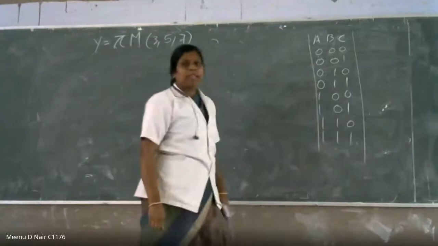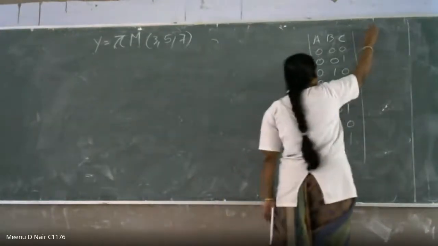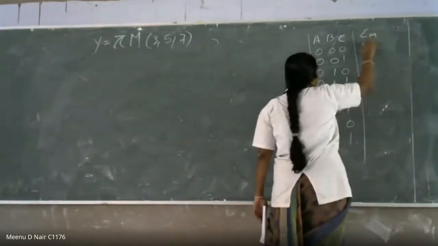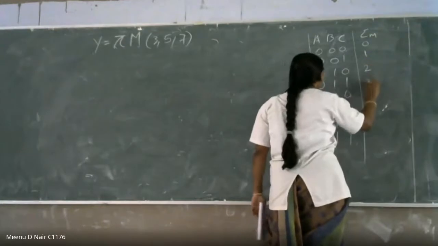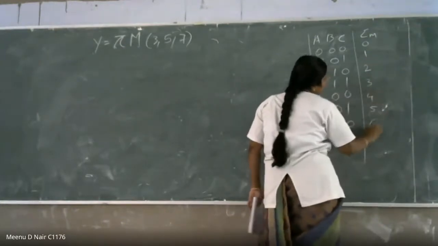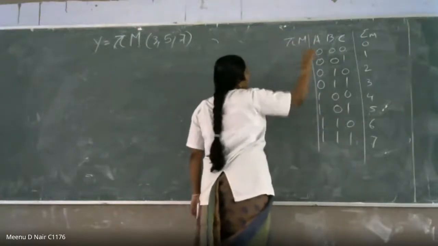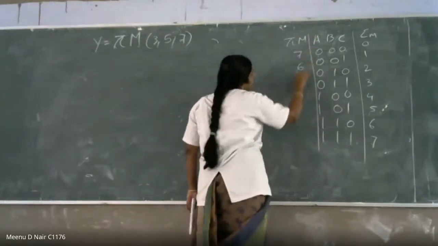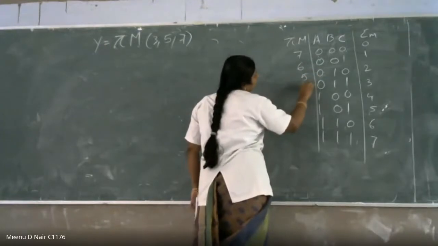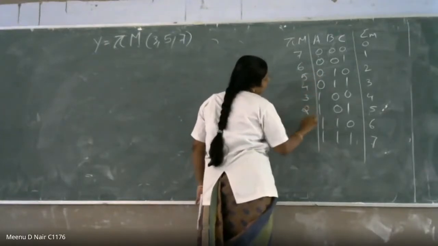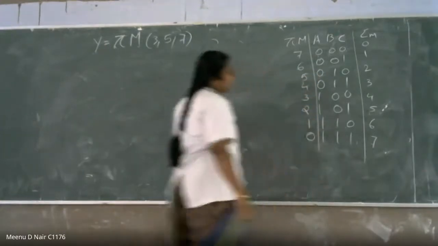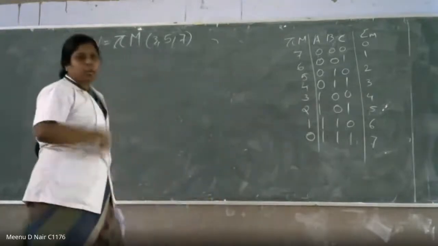If it is sigma m, this is 0, 1, 2, 3, 4, 5, 6, 7. So if it is pi m, this is 7, 6, 5, 4, 3, 2, 1, 0. If it is pi, it will be the opposite.